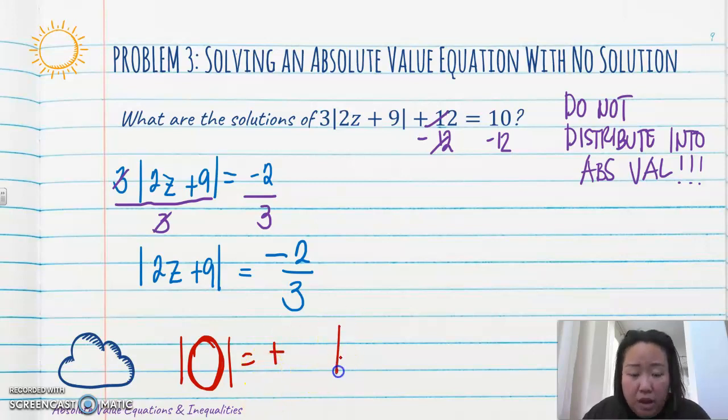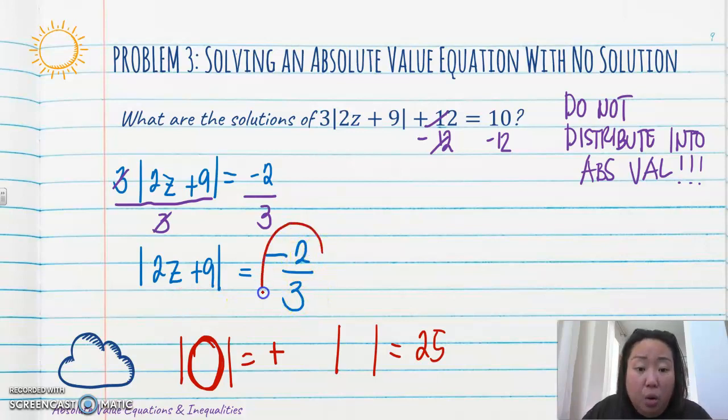So if you have absolute value of something equals 25, you know that what is inside could be positive 25 or negative 25. But take a look at our given now. The absolute value of this expression needs to be negative 2/3.